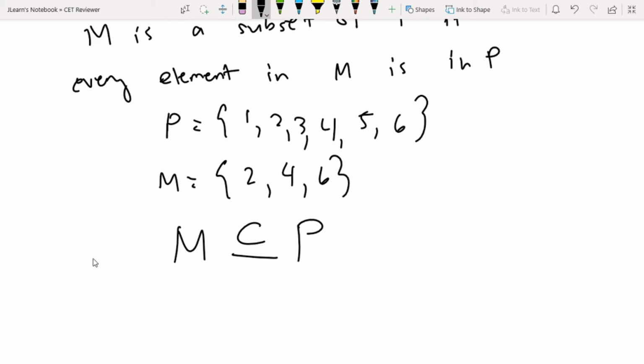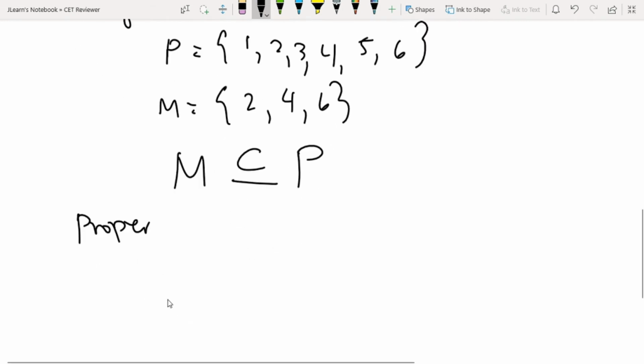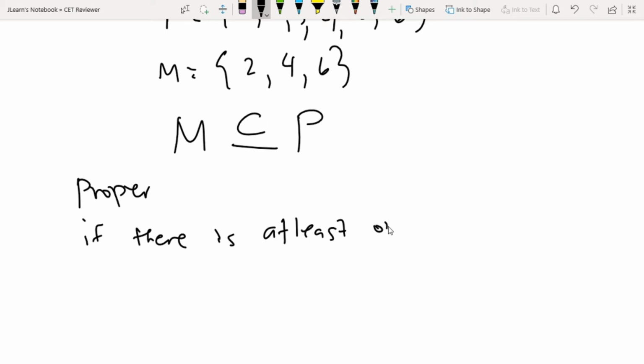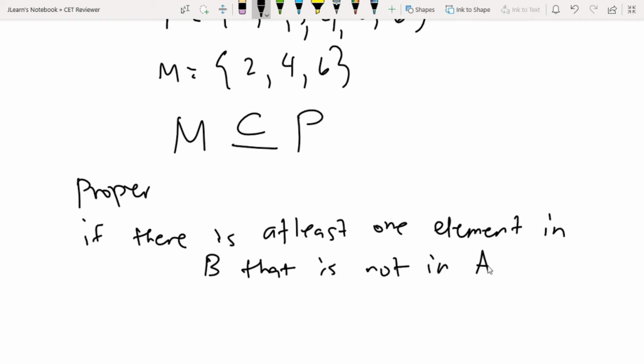So we have types of subsets, two types. First is the proper subset. A proper subset is when there is at least one element in, let's say, set B that is not in A. Okay?